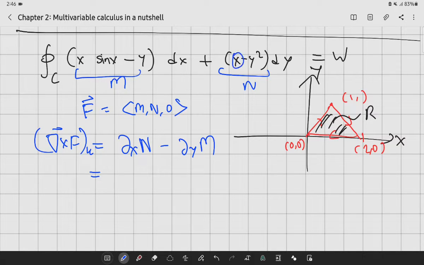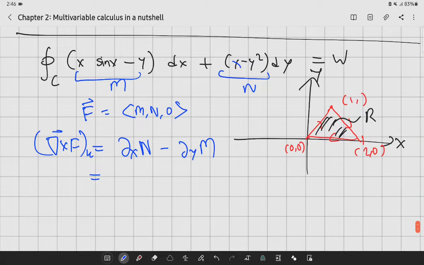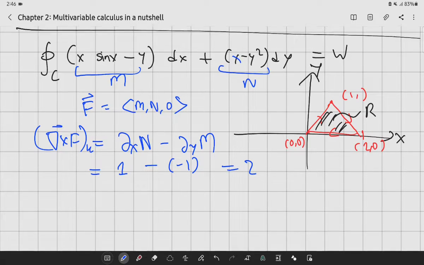The only thing with x is this one, so this is the only thing that will survive. So I'll have 1 minus partial y of M. The only thing that has a y is this y, from which I'll get a minus 1. Together I'll get 2. So the curl of F is 2.